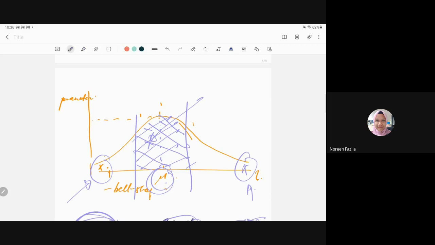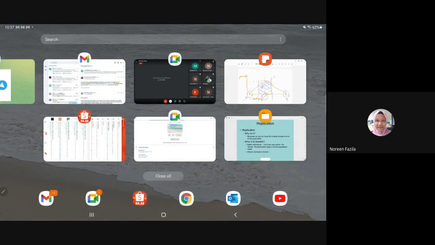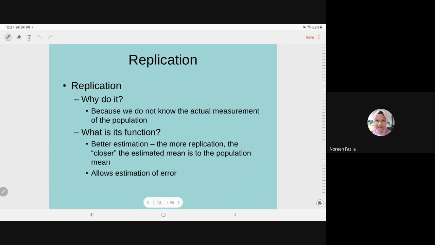If you take three, it is a higher probability. Take four, and so on and so forth. That is why we need to do replication, to increase the possibility of getting close to the actual population mean.